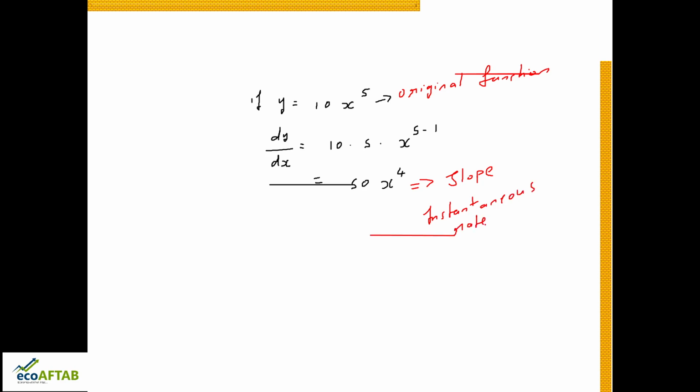So that is equal to 10 into 5 is 50 x raised to the power 4. This is our original function and this is also a function which is nothing but the slope of the original function, or you can say it is the instantaneous rate of change at a particular point of the non-linear function.